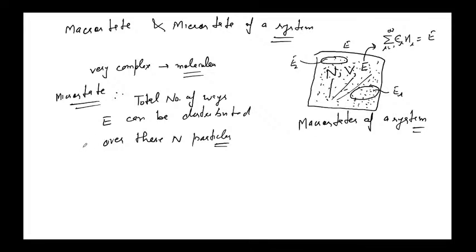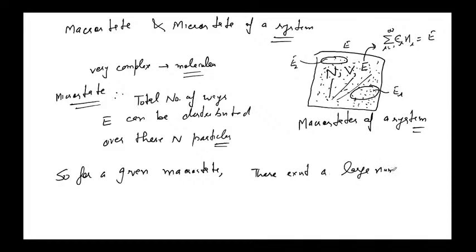Even though at the classical level we generally consider that the system is non-interacting, corresponding to a given macrostate there exists a large number of microstates.